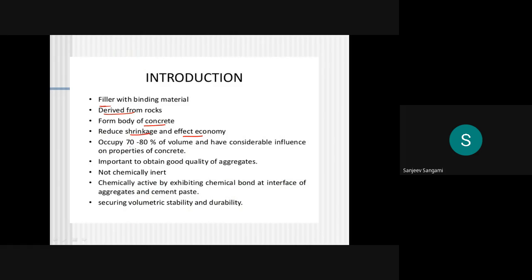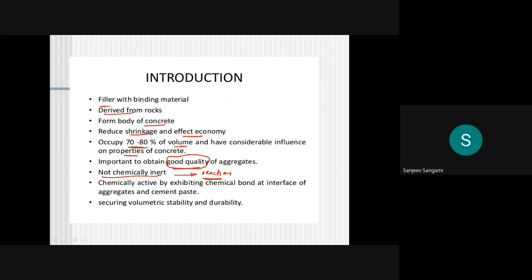It occupies almost 70 to 80% of the volume and has considerable influence on the properties of the concrete. It is important to obtain good quality aggregate with proper gradation, and it should be chemically inert, in the sense that there will not be any reactions.